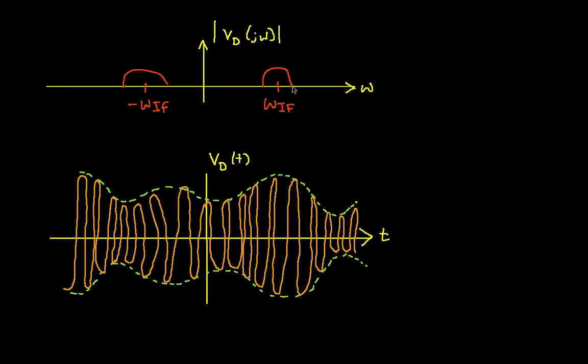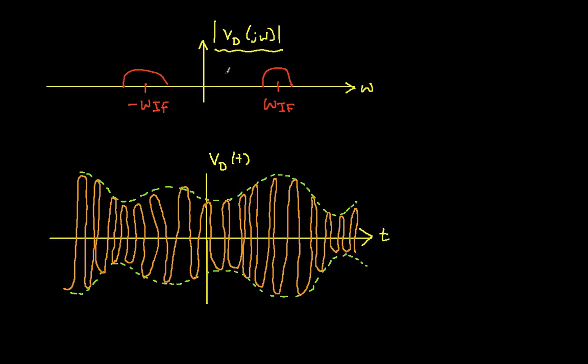And these bumps contain both the carrier, which is now translated to omega IF, as well as the sound information that I would like to retrieve. And so that's what the last step in the demodulation process is, to go from this guy here to an actual sound waveform that I can use.